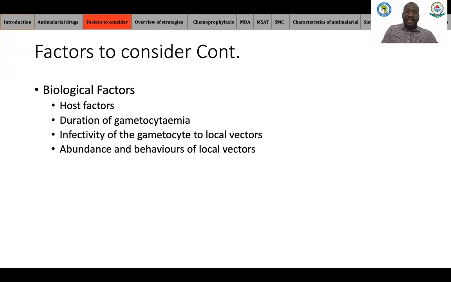And in this context, what ends up happening is if you're going to treat the people who have gametocytes and you use tools to measure gametocytemia, such as microscopy or rapid blood tests, there are limitations to the density that these tools can detect.